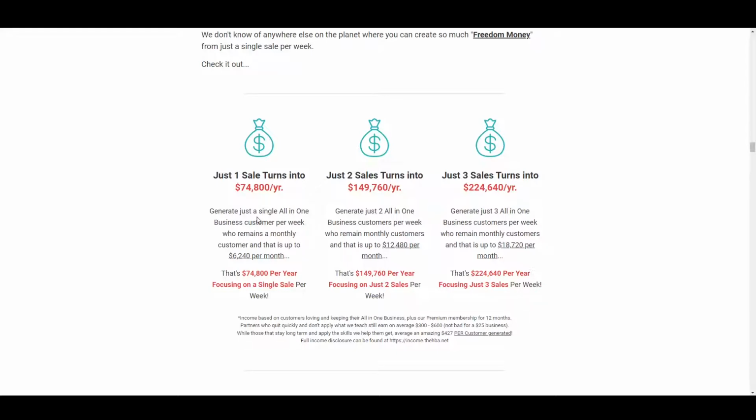Where I live, my income bracket, I'm very low income based. I'm in a very cheap area. My rent is somewhere around $400 to $500. I'm in a super rural area, so that's why $74,000 a year is a lot to me. Most rural areas are like that.